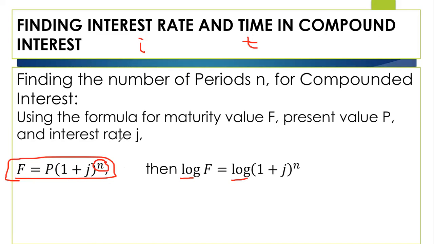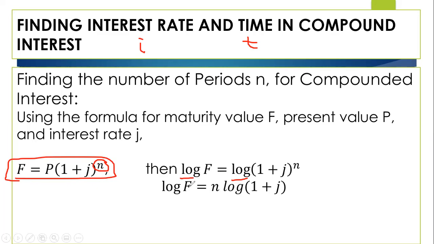So, mabababa natin yan kung gagamitan natin ng property of logarithm. So, log of F is equal to log of 1 plus J raised to N. Then, magiging property of logarithm, kapag nakalog, tapos may exponent, bababa yung exponent dito sa tabi ng log.